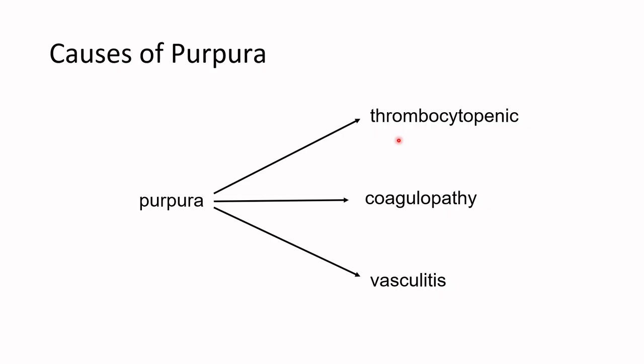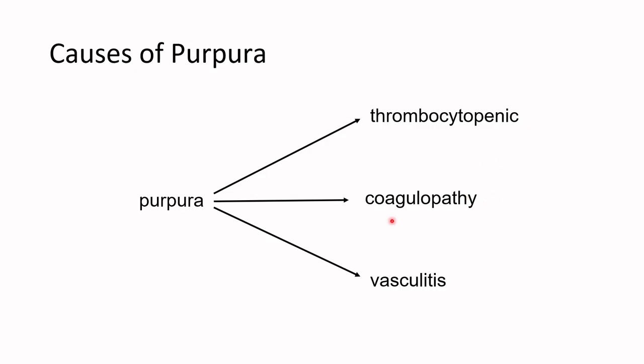So if there is a bleeding in your vasculature, it can't be repaired, and that's the reason for the purpura. And there are a multitude of reasons why somebody might become thrombocytopenic, starting from those thrombocytes not being formed efficiently enough, to them being degraded too quickly, and again there are a multitude of underlying causes for this.